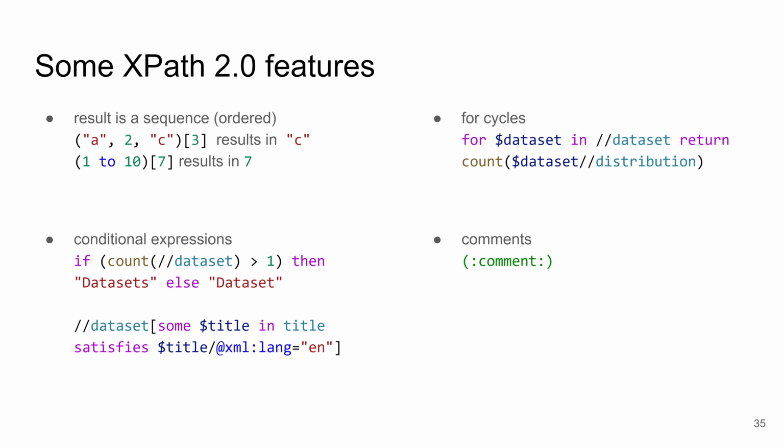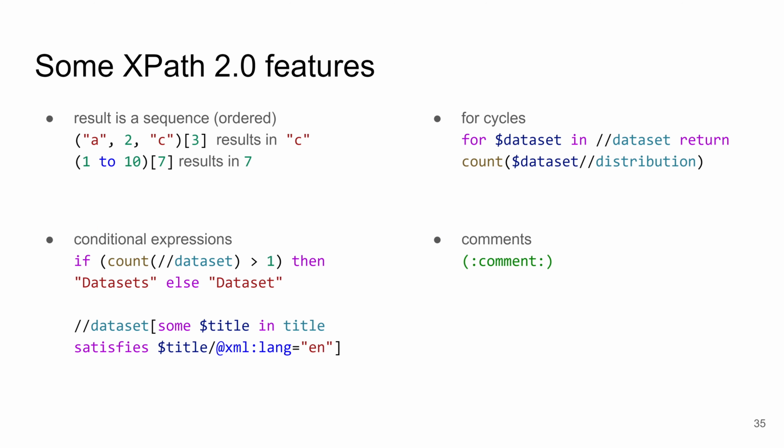So for instance, if a result is here A, 2, and C, you can access the third node in that result sequence. Also, there is the to operator, which will generate a sequence, for instance, of numbers from 1 to 10. So you may actually generate a sequence from 1 to 10 using the to operator and then access the 7th member of that sequence.